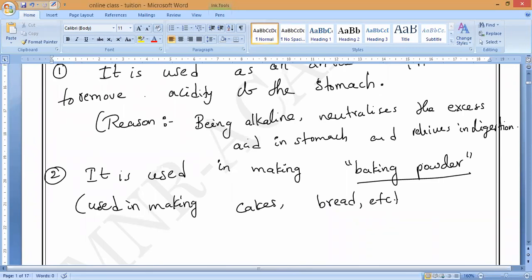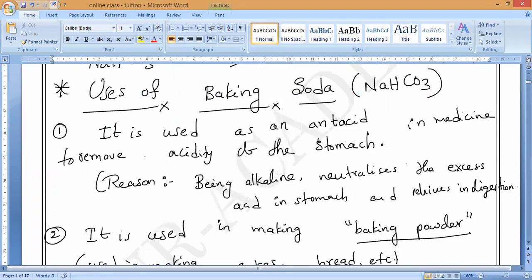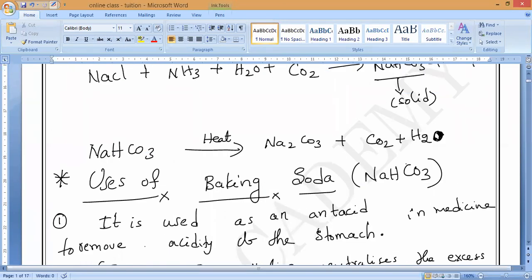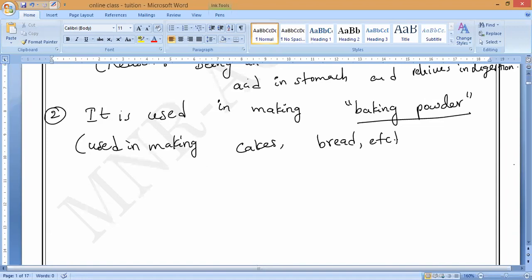Nobody will answer? Okay. So now, observe very carefully. Baking soda is a compound. Yes, guys? It is a compound. Now, baking powder is not a compound.